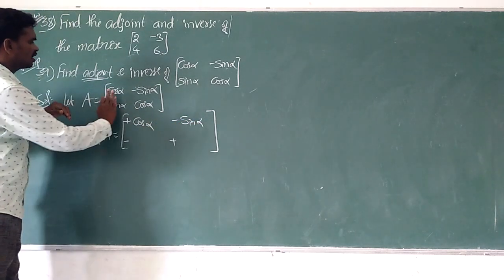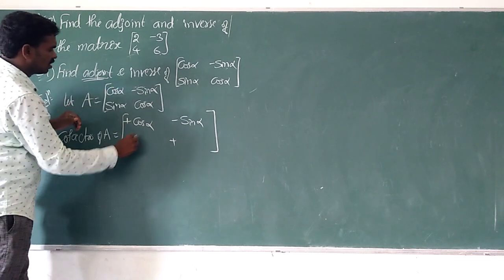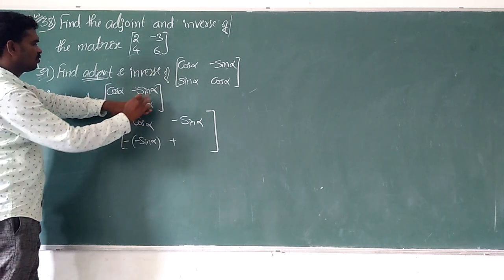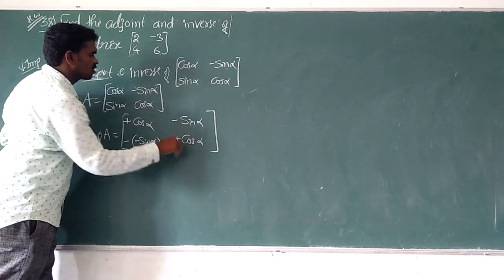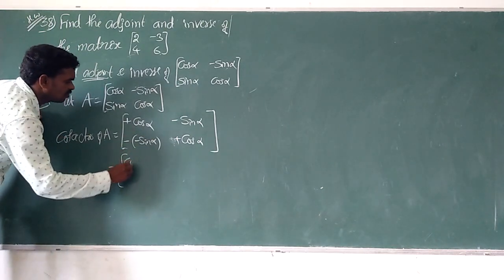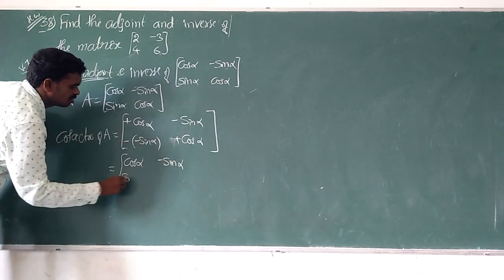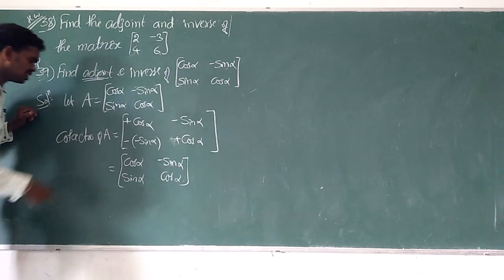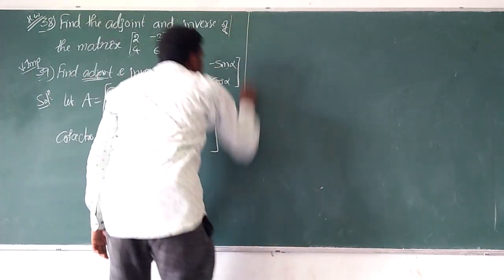For the third element keep sin alpha, the remaining element is minus sin alpha. For the fourth element cos alpha, cos alpha. This is the cofactor matrix, and simplifying gives plus cos alpha, minus sin alpha, minus into minus plus sin alpha, cos alpha. So this is the cofactor matrix.